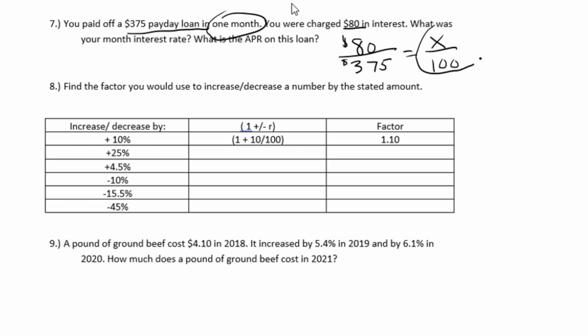Here's your percent. But that's for 1 month. You want the APR. So whatever you get here, you have to multiply it by 12. I did these exclusively in the lesson. So you can figure these out, and I will put the answers up after this is done.